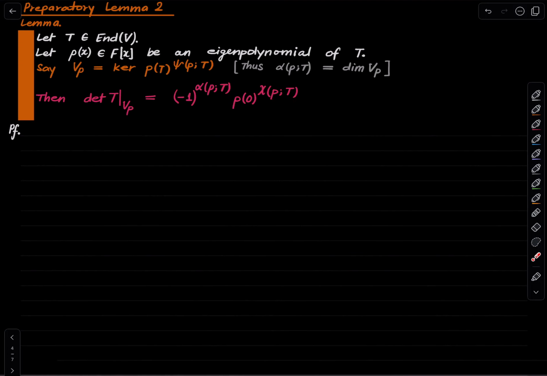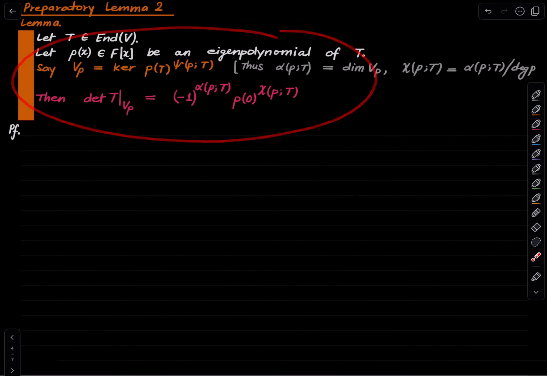So the characteristic exponent is, as we recalled in the beginning also, algebraic multiplicity divided by the degree of eigenpolynomial. Yeah, so make sure you understand the statement, and let's now look at the proof.